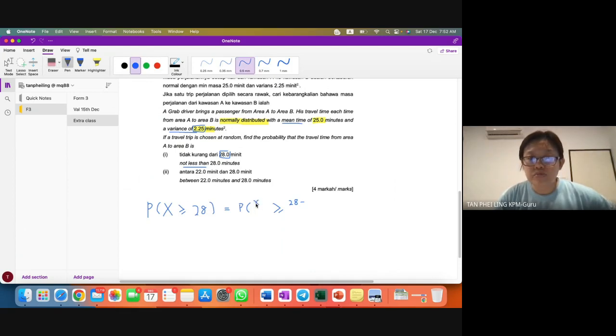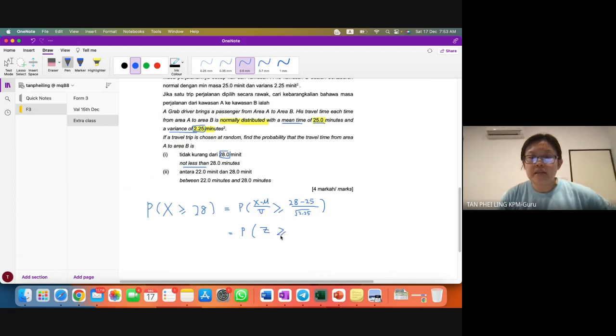X has to minus mu over standard deviation. Remember this? So 28 will minus our mean, which is 25, and then over our standard deviation. Here they give you variance, so you need to square root 2.25. Clear, right, everyone? Okay, so with that, on this side, we can happily convert this to Z.